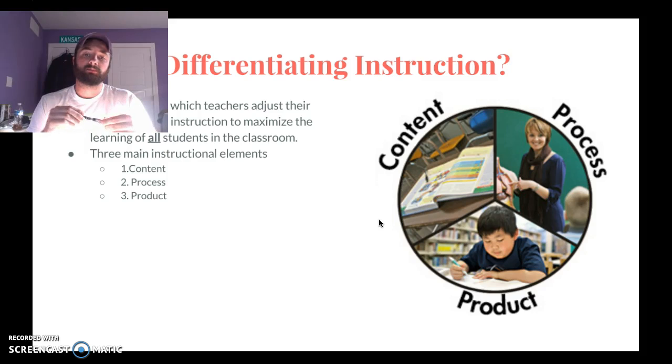It is the way that you present this information and the way that you get the students to remember it. And then the product is, how do you know that the students have retained this knowledge?